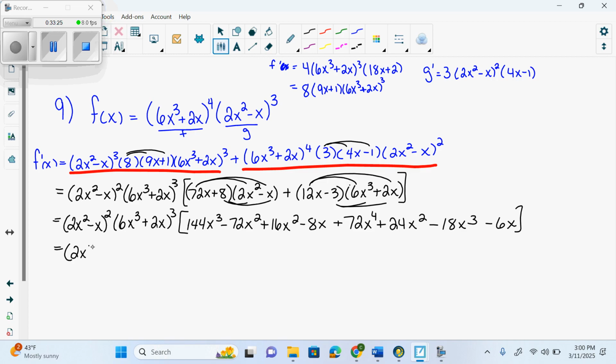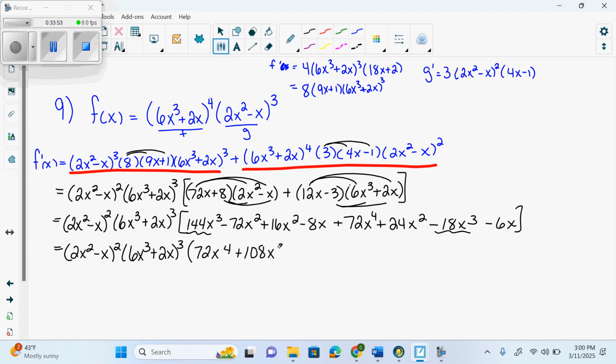So we're going to get 2x squared minus x all squared, 6x cubed plus 2x cubed. So we're going to end up with, in brackets, 72x to the 4. What's 144 minus 18x cubed? 108. That is not even close.